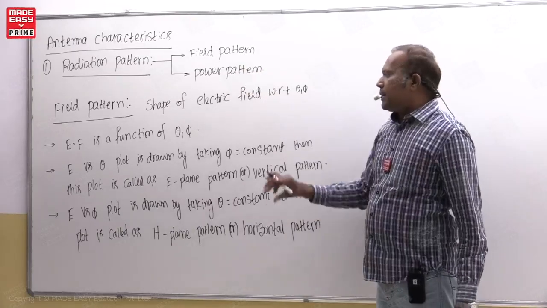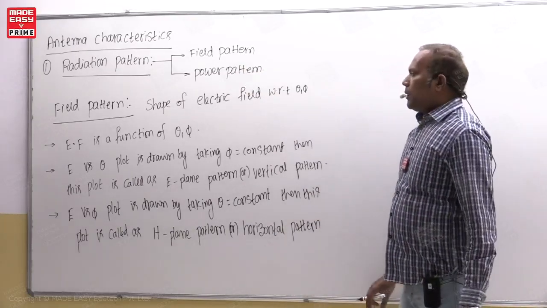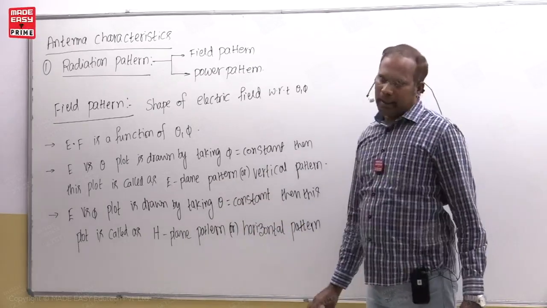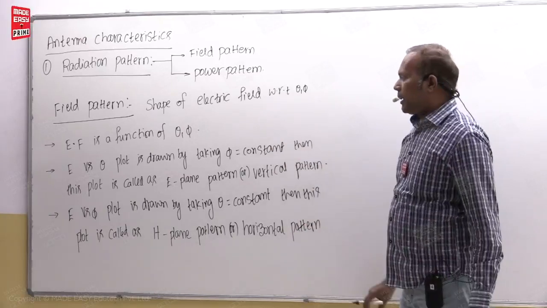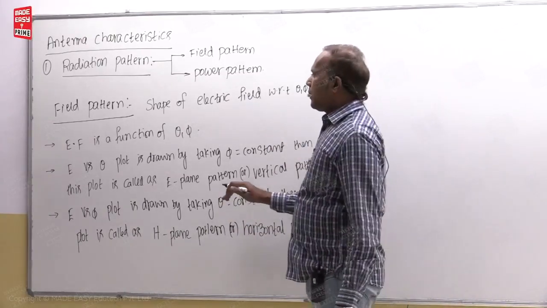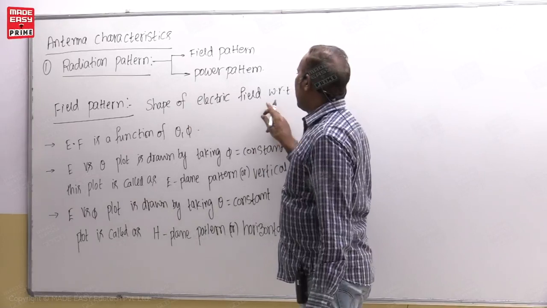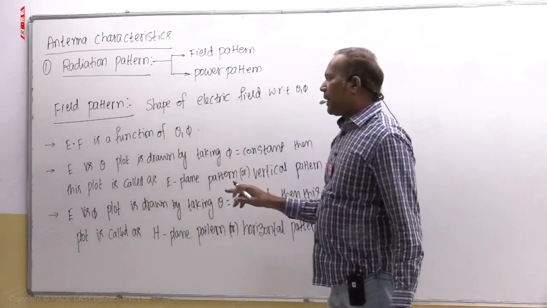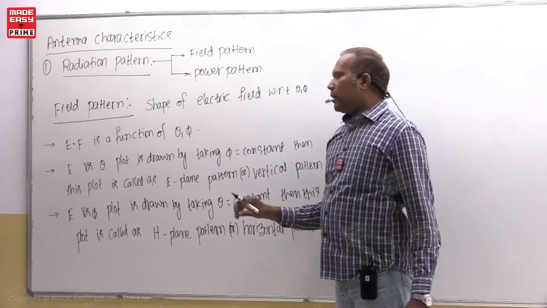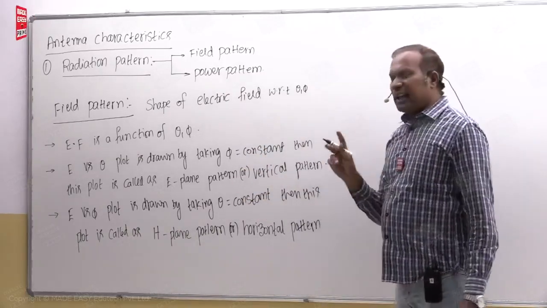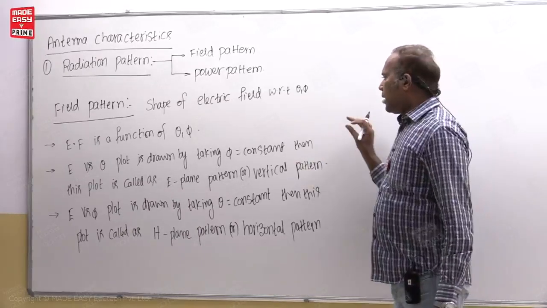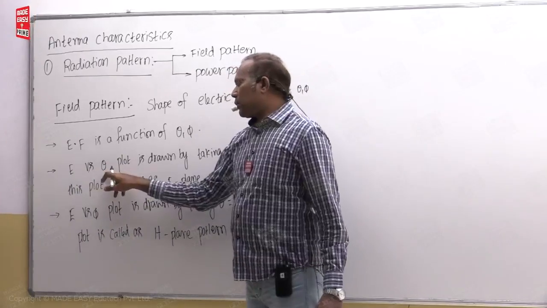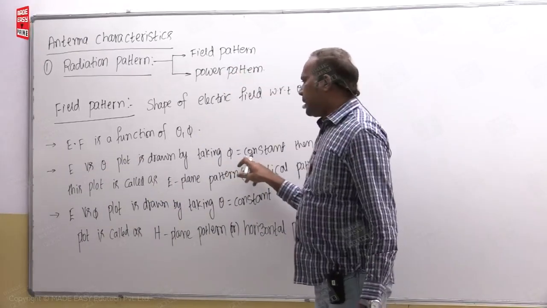Now field pattern is superimposition of E plane and H plane patterns. So that is called field pattern, because I told you the shape of electric field with respect to theta comma phi is called field pattern. So electric field is a function of theta comma phi. So total 3 variables are there, but the board is 2 dimension. At a time we can draw 2 variables on the board. So electric field, how it changes with respect to theta, is drawn by taking phi constant.